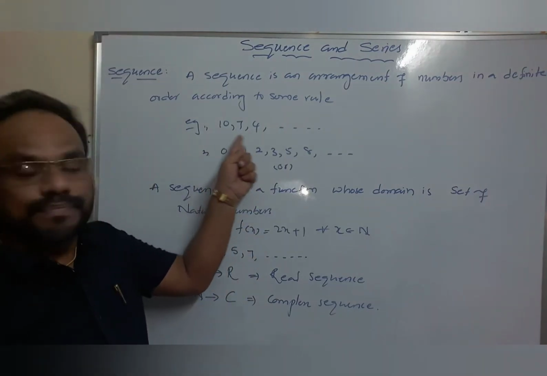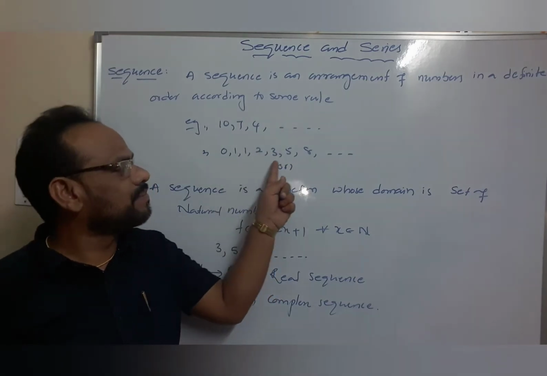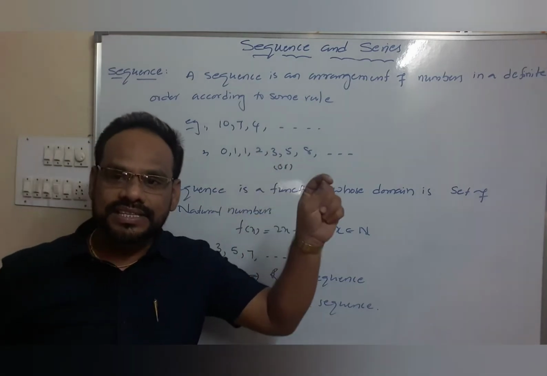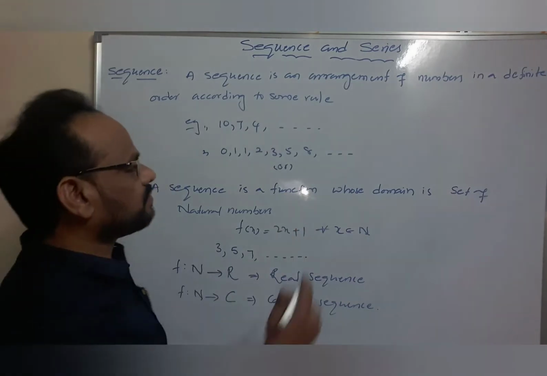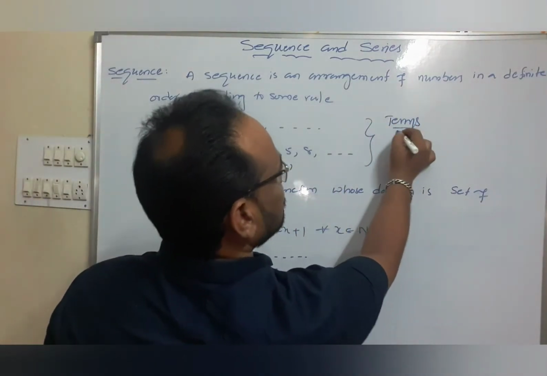Observe here, a sequence is nothing but arrangement of numbers. The various numbers occurring in a sequence are called its terms.